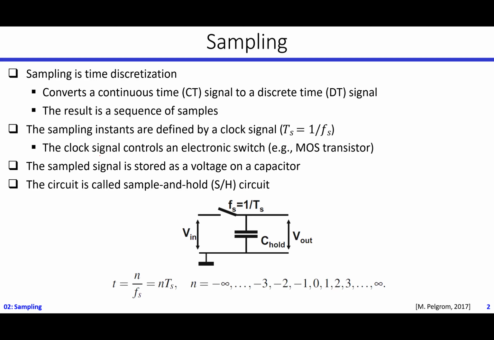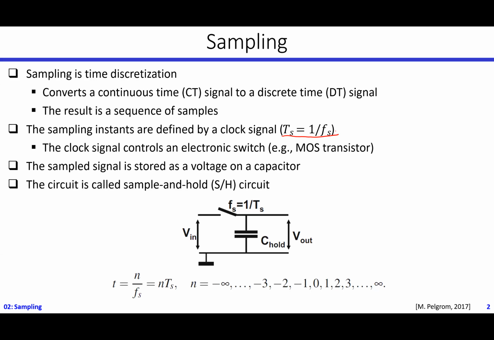So the output of the sampling process is a discrete signal, or a train of discrete signals that have different amplitudes. And again, we describe the sampling process by the sampling frequency, which is basically the time difference between two samples. Ts is equal to 1 over Fs.